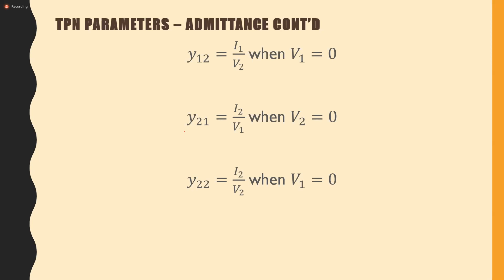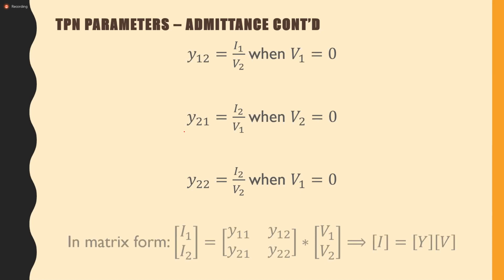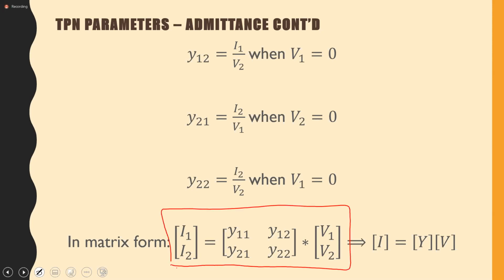So we have y11, we have y12, we have y21, and we have y22. And I can put all of these parameters in a single matrix. Yes? So in matrix form, and this is just rewriting the equations that we had before.